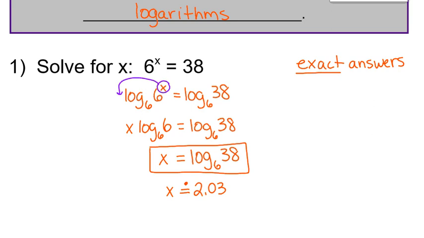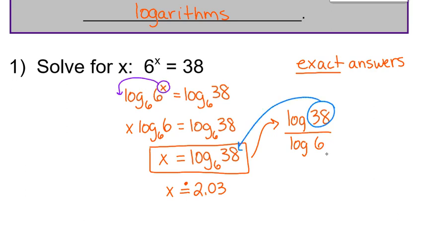Now if your calculator is not able to do log base 6, there is something equivalent. You can change the base and make it log base 10 of 38 over log base 10 of 6. So this is using what we call the change of base formula. The 38 comes from the argument of the logarithm, and the 6 comes from the base of the logarithm. You're going to find that these give you equivalent answers. And in a similar way, instead of log base 10, we could use natural log.